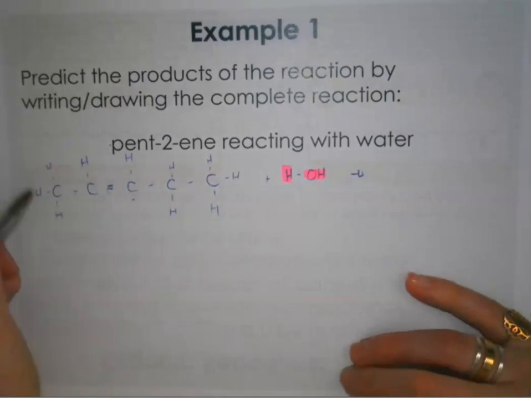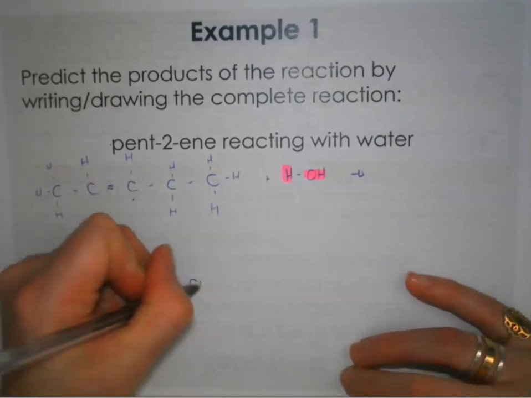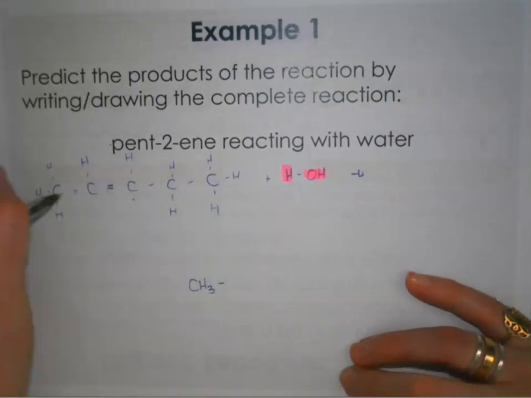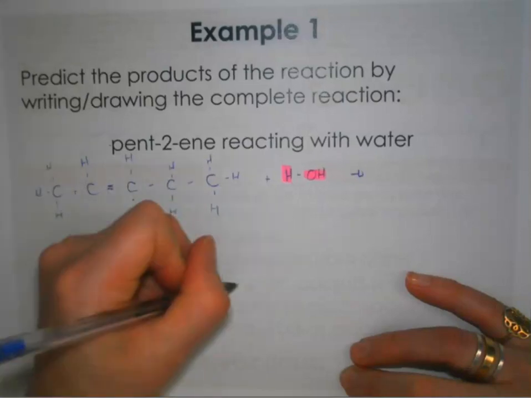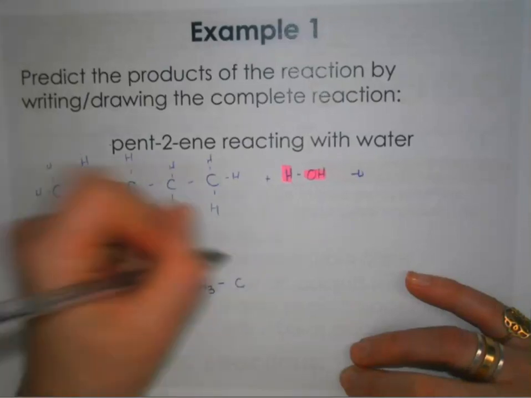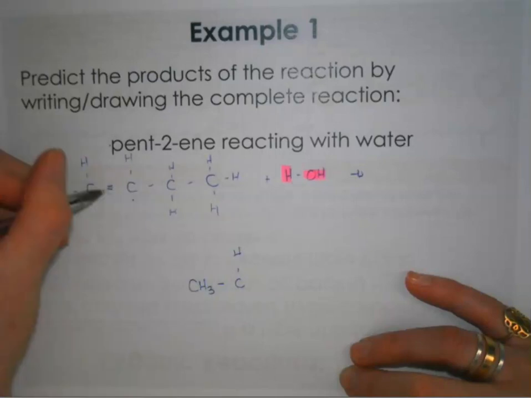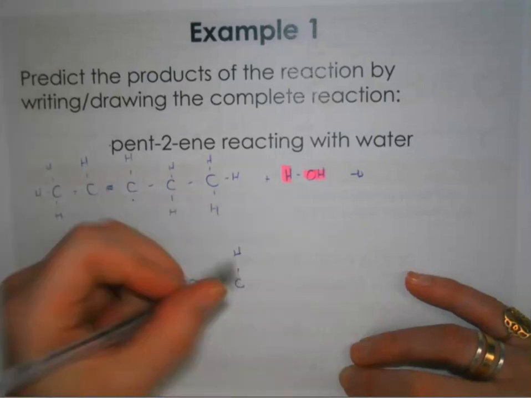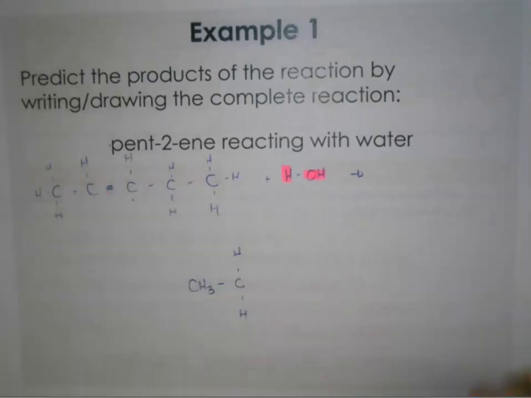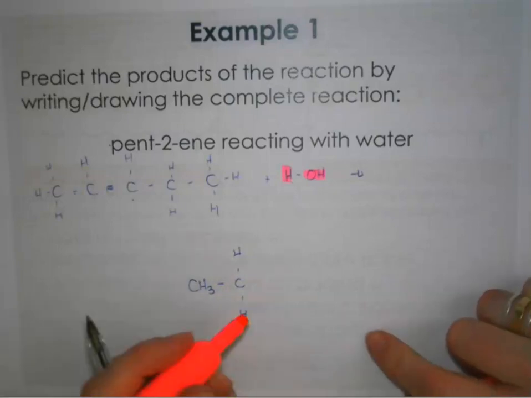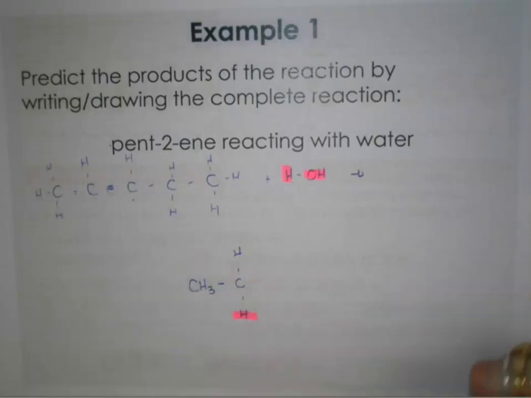So I'm just going to draw the product down here. We're going to have CH3 on the end, and then we're going to have carbon with a hydrogen, but one of these double bonds gets replaced by the hydrogen from the water. So this is a new atom on the molecule.